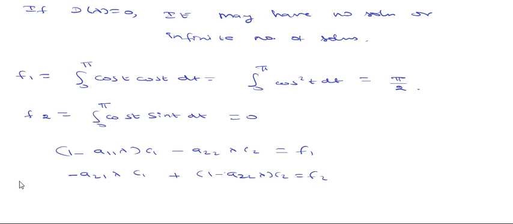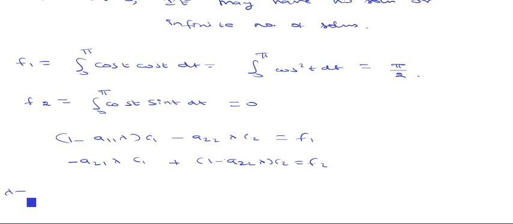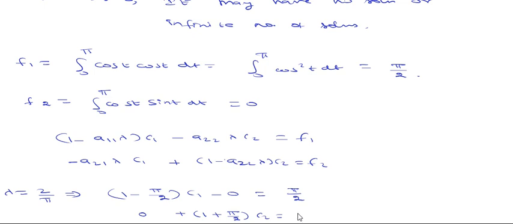First we consider the case when lambda is equal to 2 by pi. Then 1 minus a11, which is pi by 2, into lambda, times c1, plus 0, equals f1, which is pi by 2. The second equation is 0 plus 1 minus a22, which is minus pi by 2, so 1 plus pi by 2 lambda, c2 equal to 0.